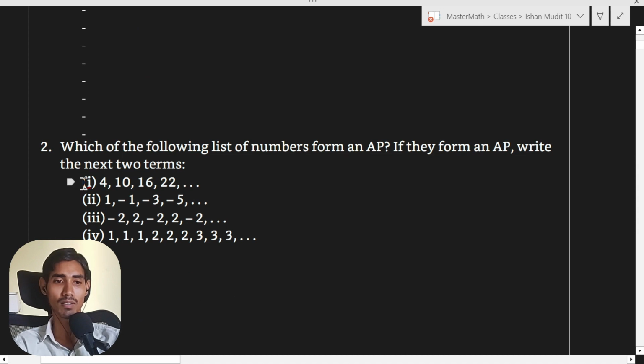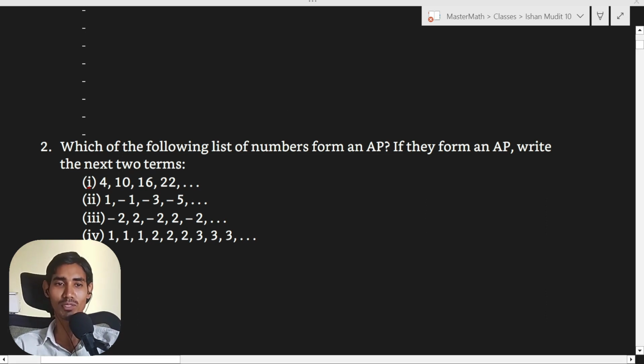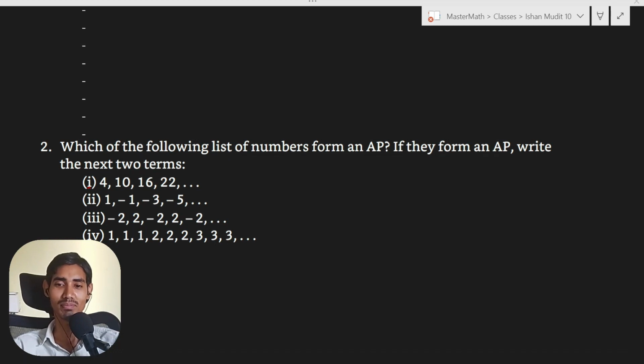Okay, let's try the second question, all four parts. If you want to do it orally, you can, you have the liberty. You can just raise your hand and tell. First one.